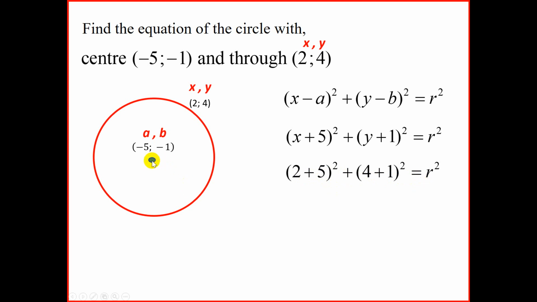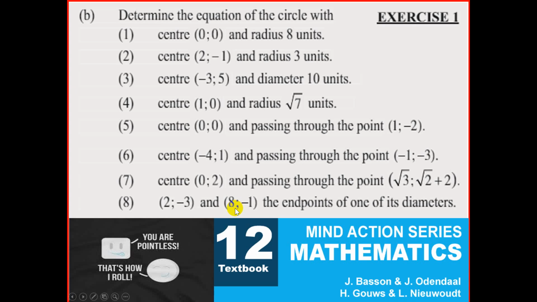The other way is to use the distance formula and find the distance between our center and this point (2, 4). If we simplify this, we get 7 squared plus 5 squared, and that gives us a total of 74. Now we want the equation of the circle, so we return to the step that says (x plus 5) squared plus (y plus 1) squared is equal to, and we replace that with 74. And that is the equation of our circle.